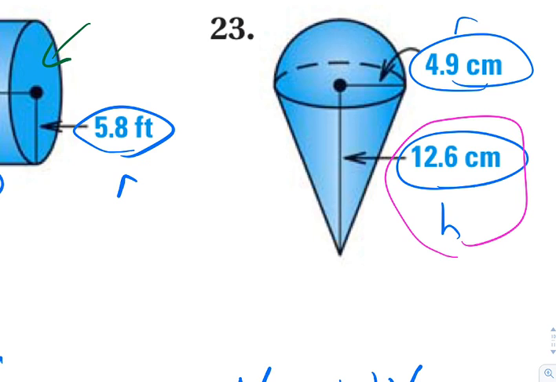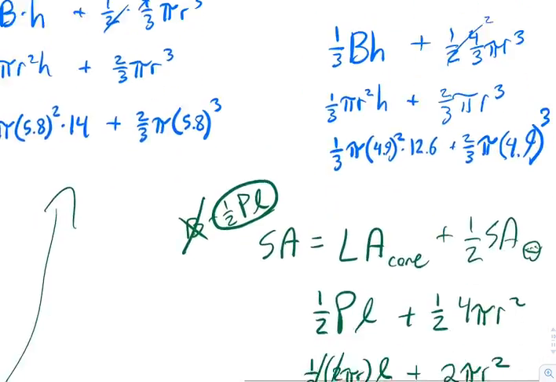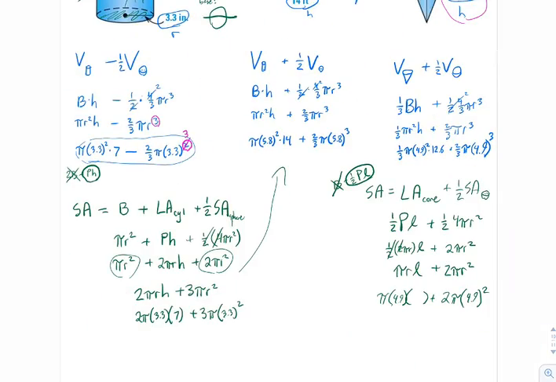If I know that this is 12.6 and this is 4.9, and a height and base are always at a right angle, then I can just use the Pythagorean theorem. So down here I would say 4.9 squared plus 12.6 squared equals L squared. And once I find the slant height, I just plug it back in there, and then it's just arithmetic.